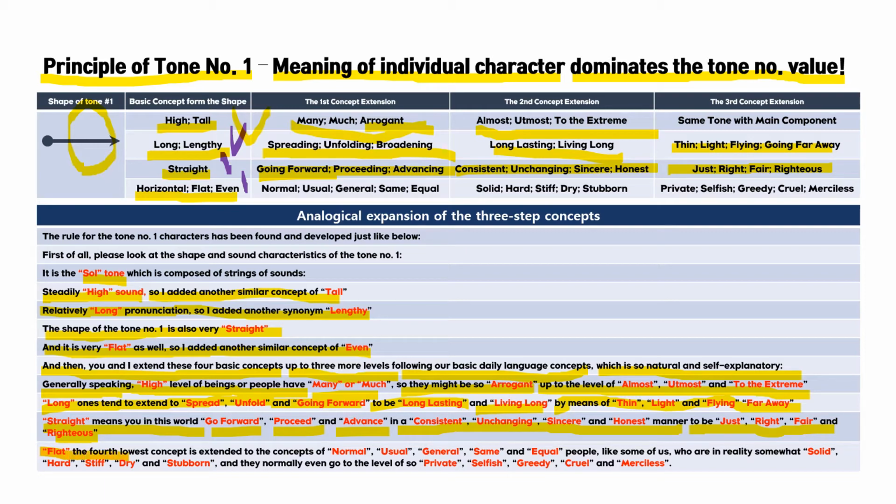Flat, the 4th lowest concept, is extended to the concepts of normal, usual, general, and same. Normal, usual, general, same, equal.